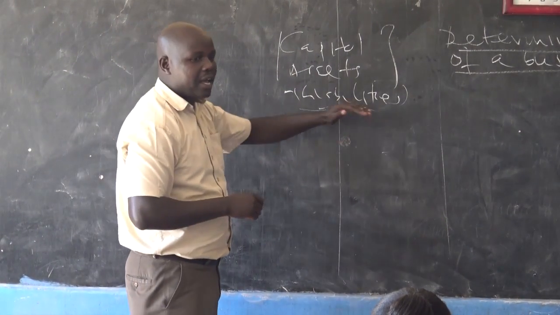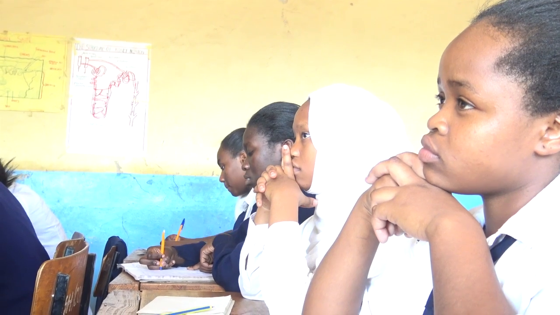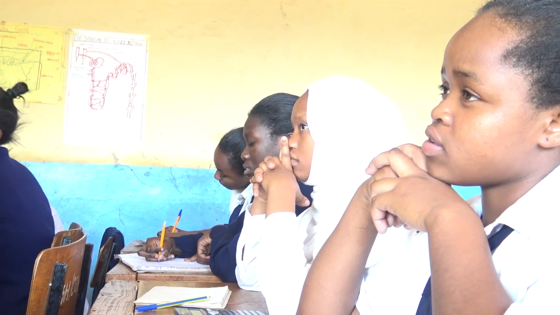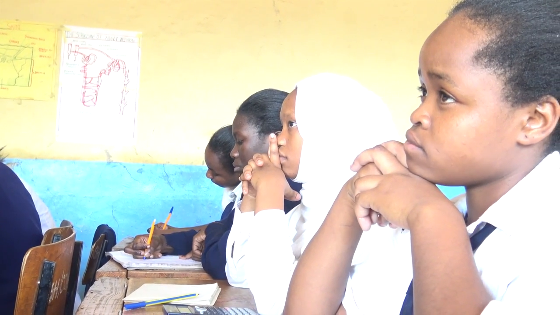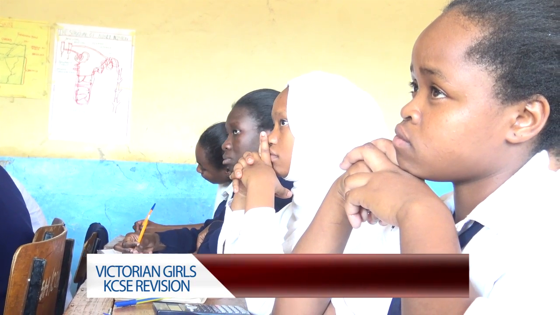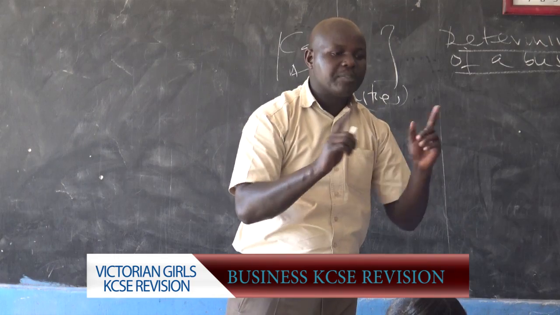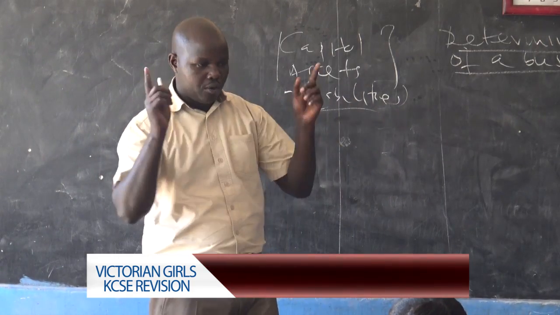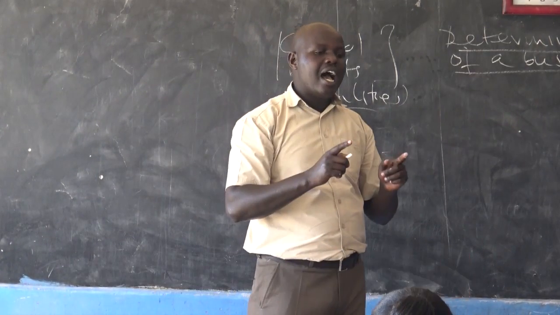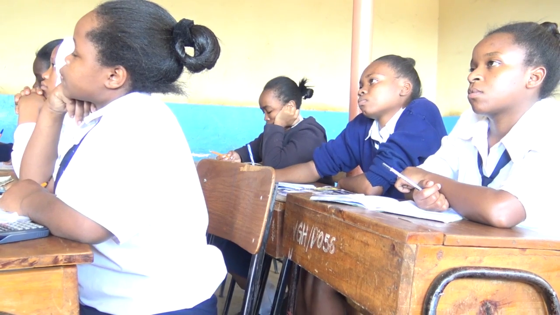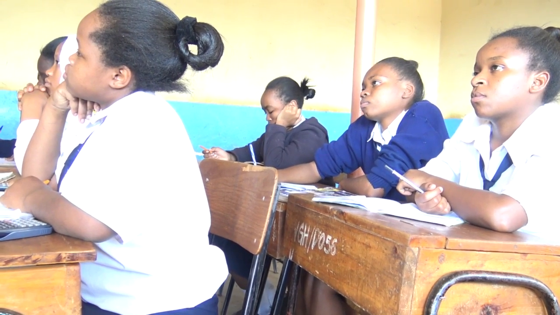Examples of liabilities: loans, creditors, bank overdraft, and any outstanding expense or accrual, any expense which has been incurred but has not been paid for.